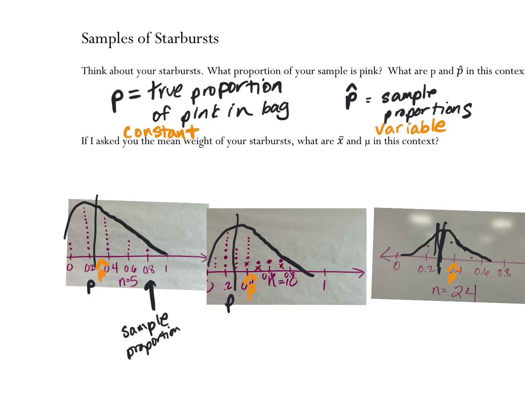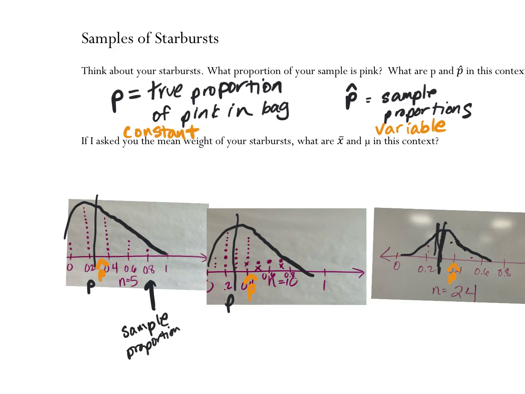In statistics, the parameter, the P, is the number we don't know, and our variable is the value we do know. Because in the real world, we take one sample, and we have the value from our sample. Does that make sense? What is variable is whether or not our sample matches our population.